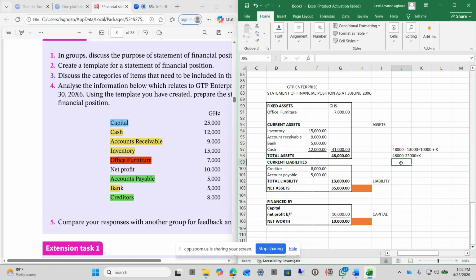And this will give us 25,000 is equal to x. So if we put the 25,000 here, our answer should be correct. The thing should balance. Have you seen?